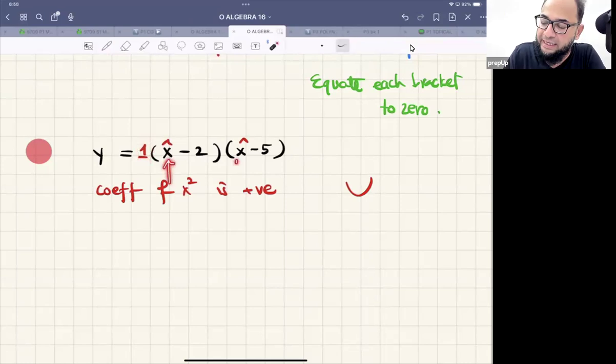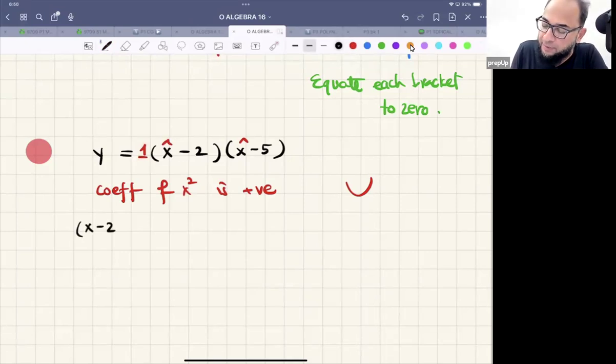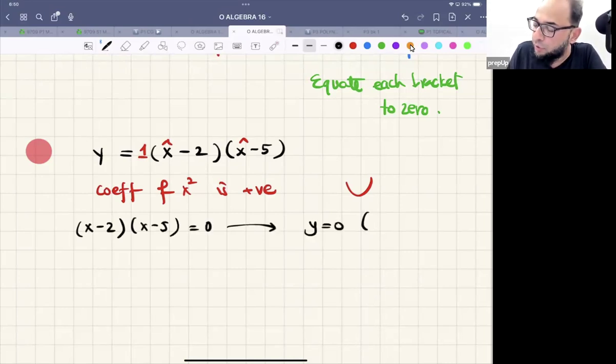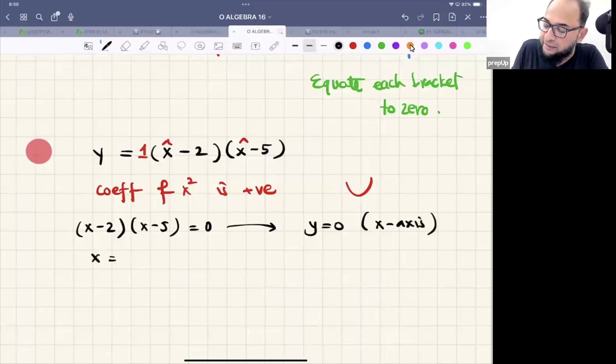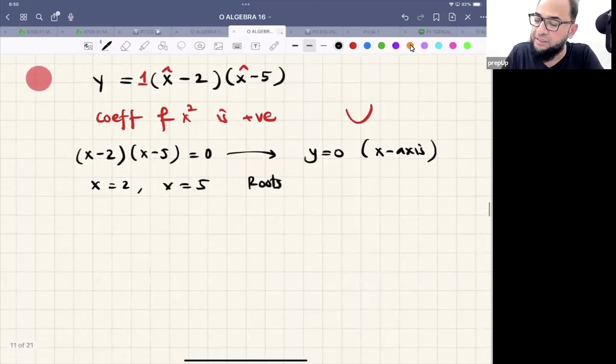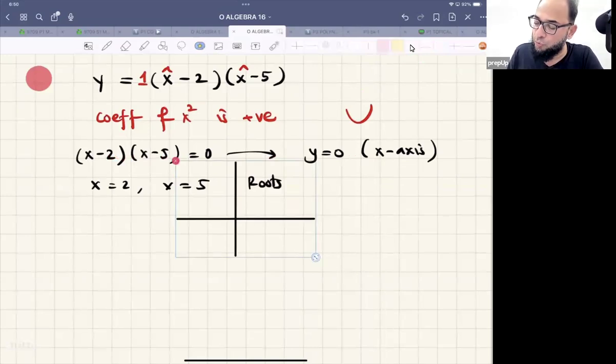Also make sure that x is positive, the product is positive. And then when I make each bracket equal to 0, x minus 2 and x minus 5 equal to 0. That means y equals 0 is the x-axis. So therefore, x equals 2, x equals 5. These are the roots of the equation. So let me just add the grid over here.